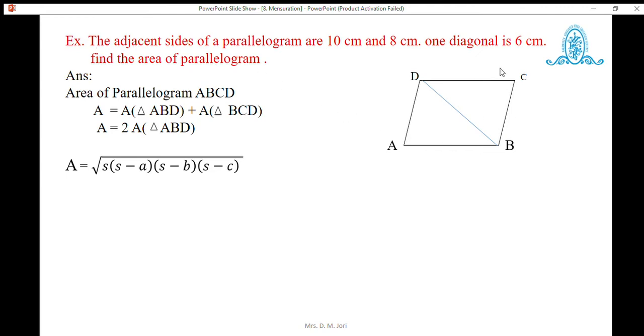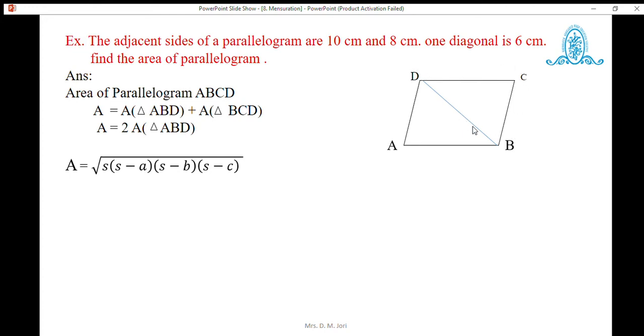So for the parallelogram, the diagonal length is given and the two sides' lengths are given. Adjacent sides are given, not all 4 sides. So the area of the parallelogram we can calculate simply by using the logic. Area of parallelogram will be equal to area of triangle ABD, see this triangle ABD, and then area of triangle BCD.